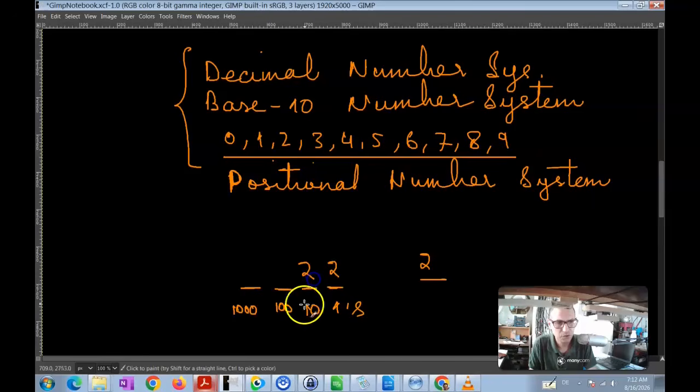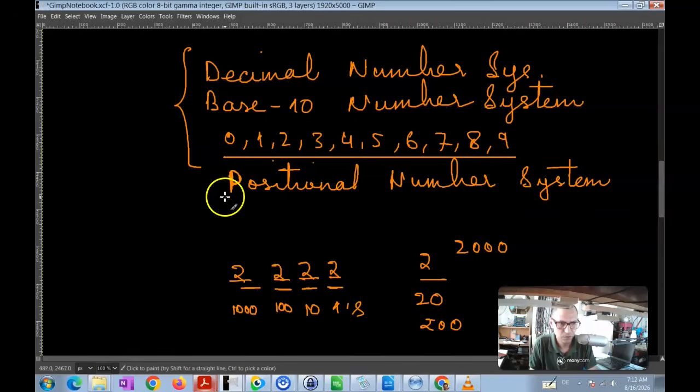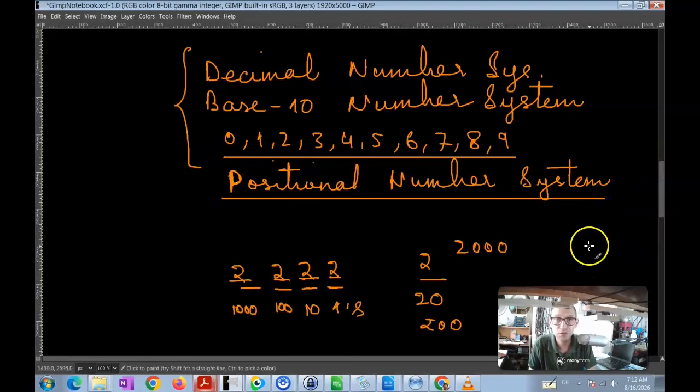In the tens place, it's 2 groups of 10, so the value becomes 20. In the hundreds place, it's 2 groups of 100, which is 200. In the thousands place, it's 2 groups of 1,000, which is 2,000. So the same digit 2, used in different positions, gives different values, and for that reason it's called a positional number system, right?